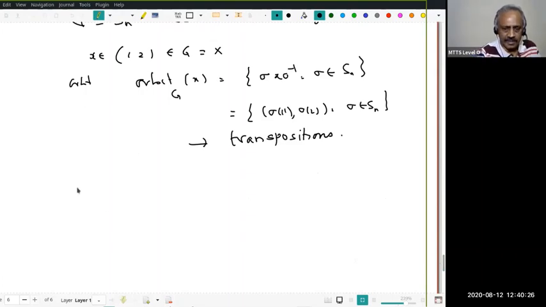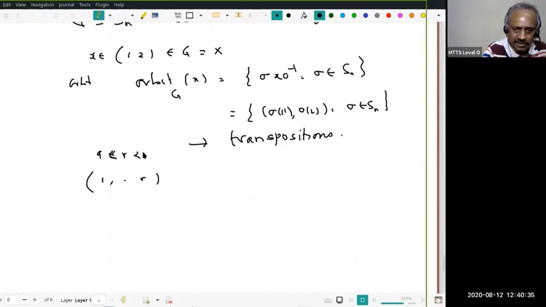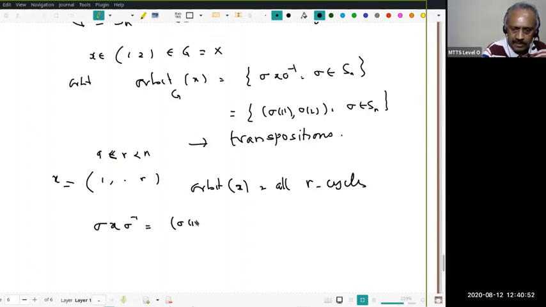More generally, suppose I take the simplest cycle (1 2 ... r), where r is strictly greater than 1 and r is less than or equal to n. Now this is my x. The orbit of x will be all r-cycles, because sigma x sigma inverse will be the cycle (sigma 1, sigma 2, ..., sigma r).